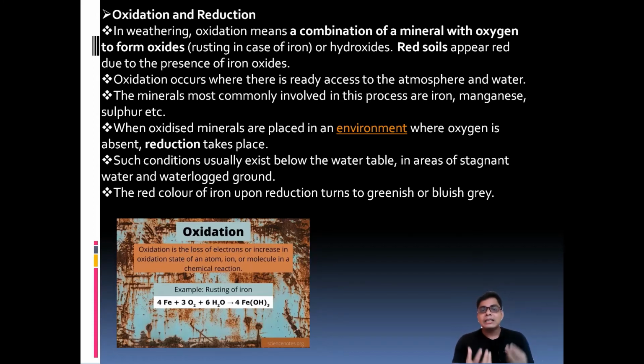When oxidized minerals are placed in an environment where oxygen is absent, reduction takes place. So reduction is when there is no oxygen and other components are mixed with these minerals.